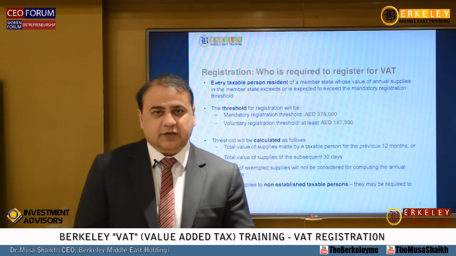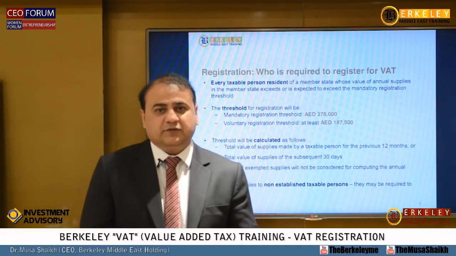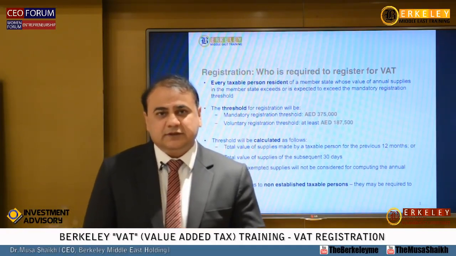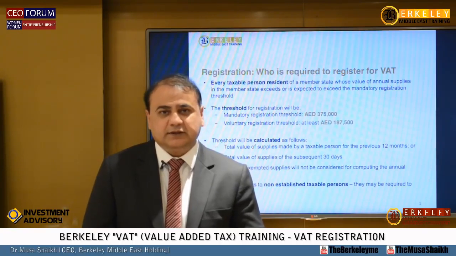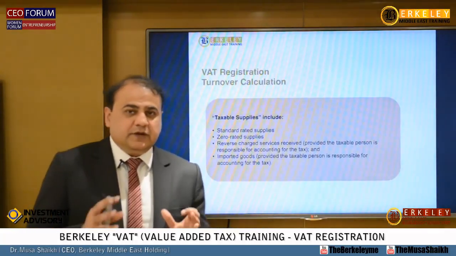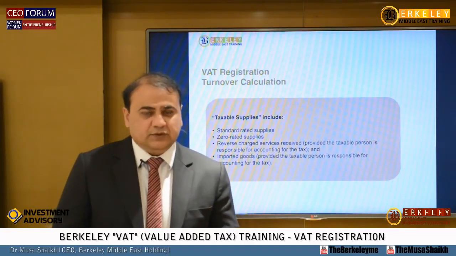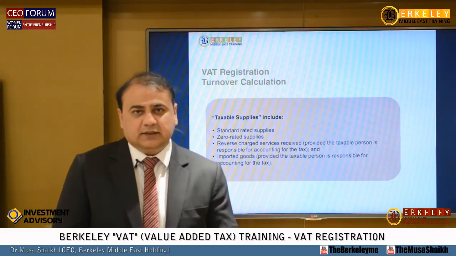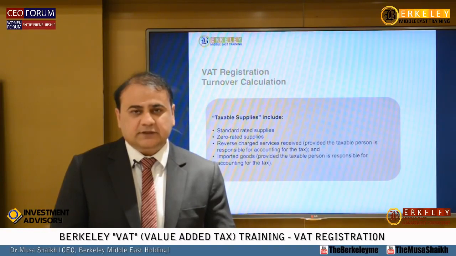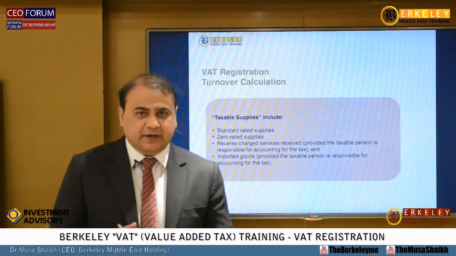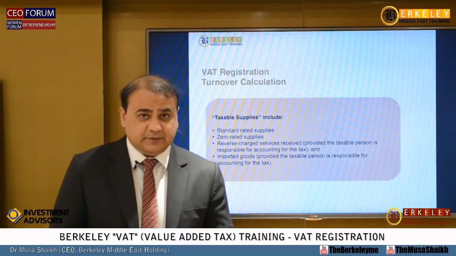The value of exempted supply will not be considered in the calculation of your VAT turnover. First of all, it's very important for us to know what a taxable supply is. So taxable supply has certain items inside: standard rated supply, zero rated supply, reverse charges, imported goods.